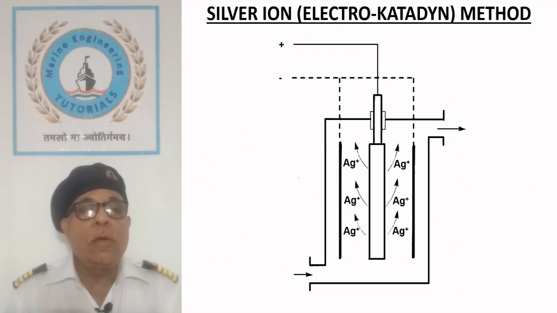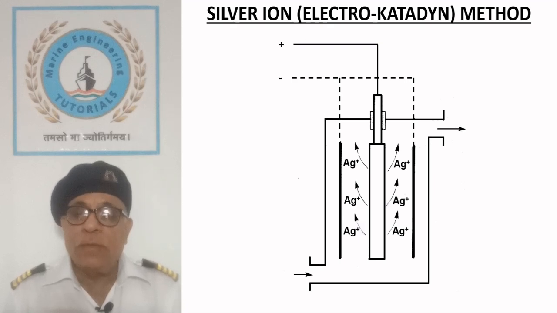Silver ion or electrocatadyn method. The sketch shows silver ion method, which is an alternative to chlorination and involves the use of a driven silver anode to inject silver ions into the evaporated water used for drinking purpose.